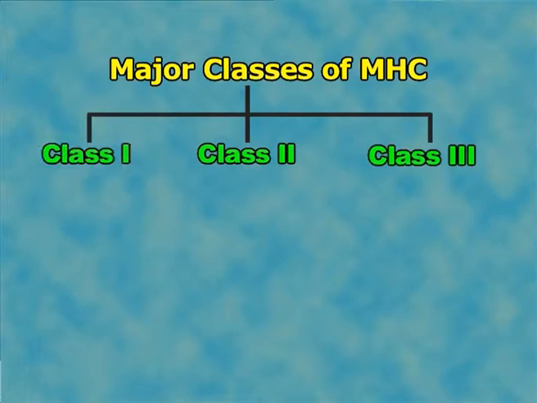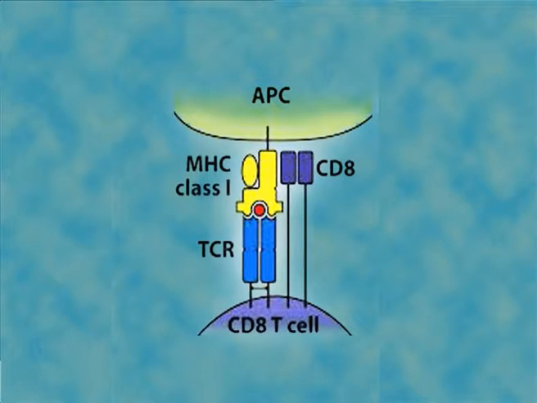MHC class 1. MHC class 1 occurs on all nucleated cells apart from RBCs and presents epitopes to killer T cells, also called cytotoxic T lymphocytes or CTLs. A CTL expresses CD8 receptors in addition to T cell receptors, that is TCRs.